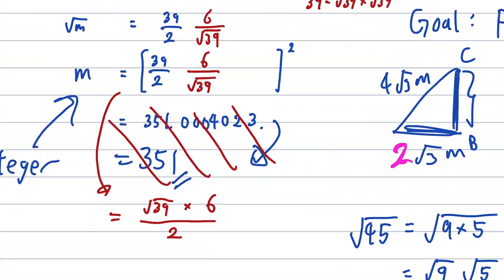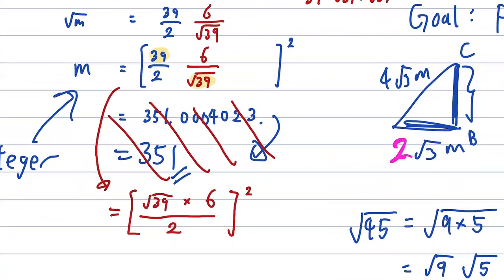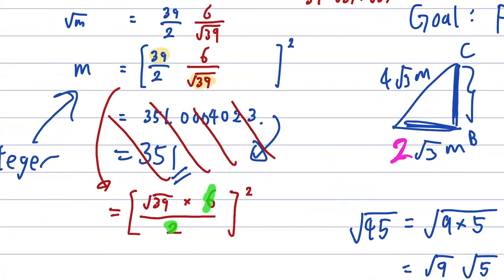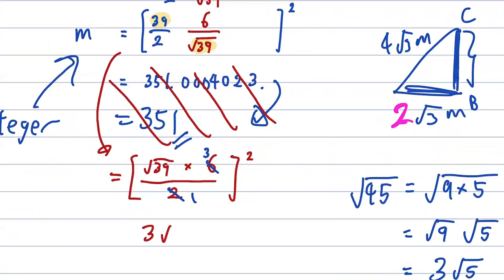What else can we cancel before we take the square? 6 over 2 is just a 3. So what we get at the end of the day is 3 square root 39, whole thing squared.